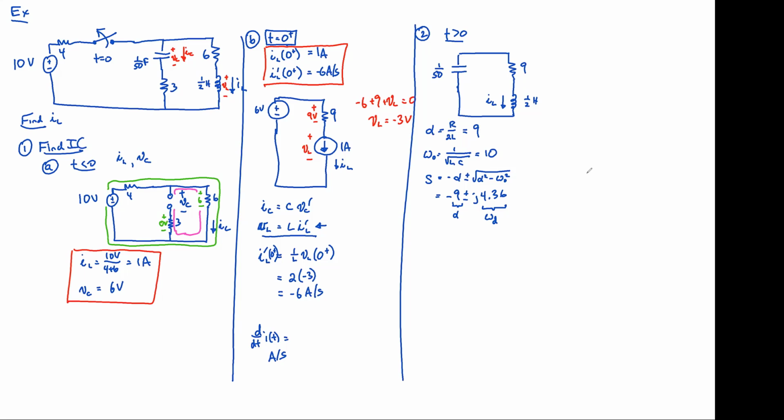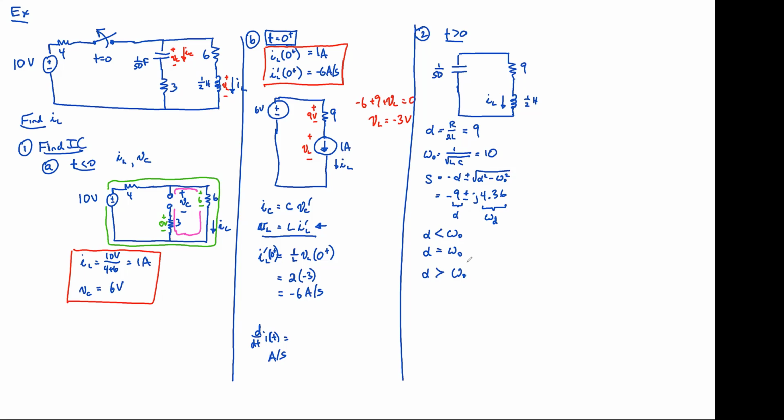So now we've got 3 different numbers: our alpha, which here and also down here will always be the same, our omega sub naught, and our omega sub D. And we've got to determine which case we fall into. It depends on the relative strength of its desire to decay compared to its desire to oscillate, which is omega naught.